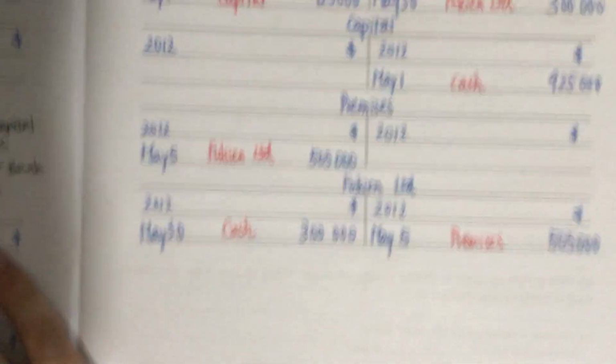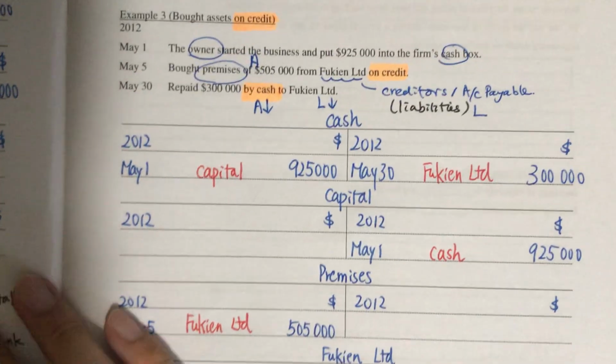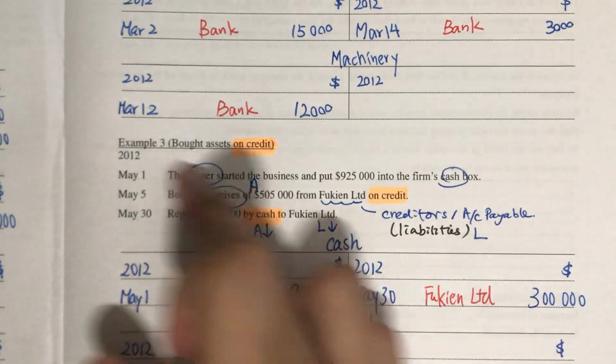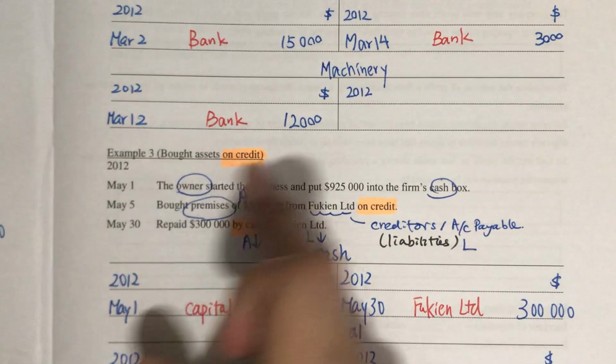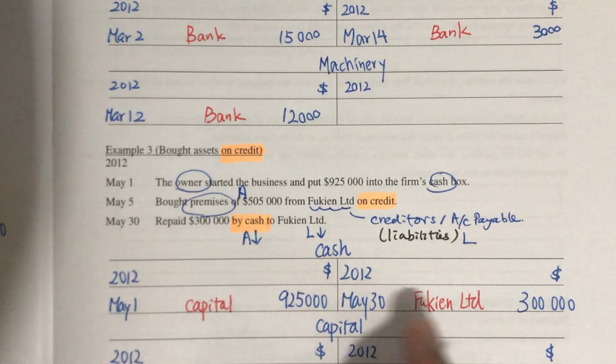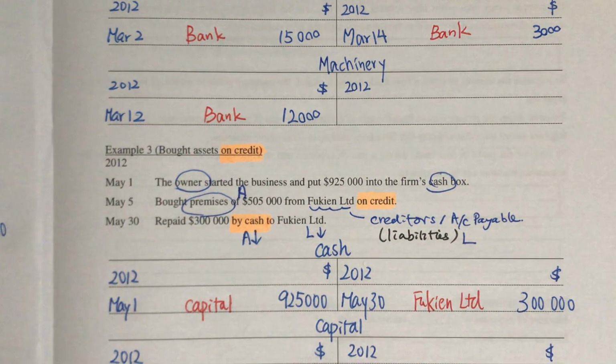Okay, and this is the new example for all of you to know that we should focus on the issue that we bought assets on credit, and we will repay the amount in this example.